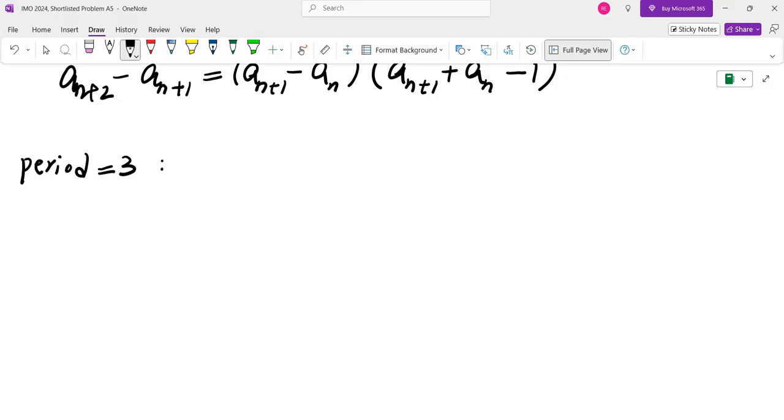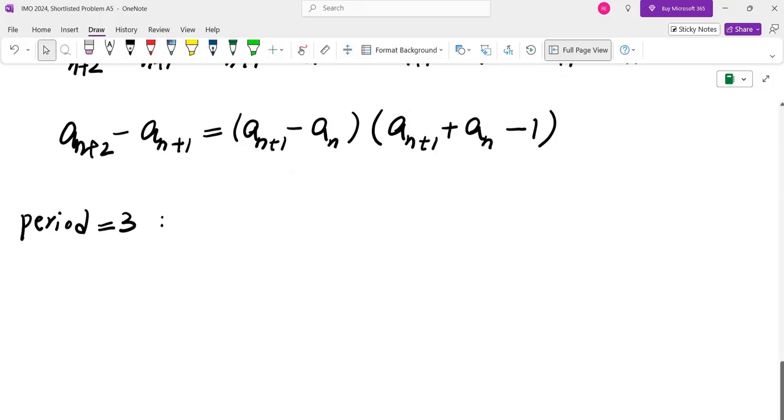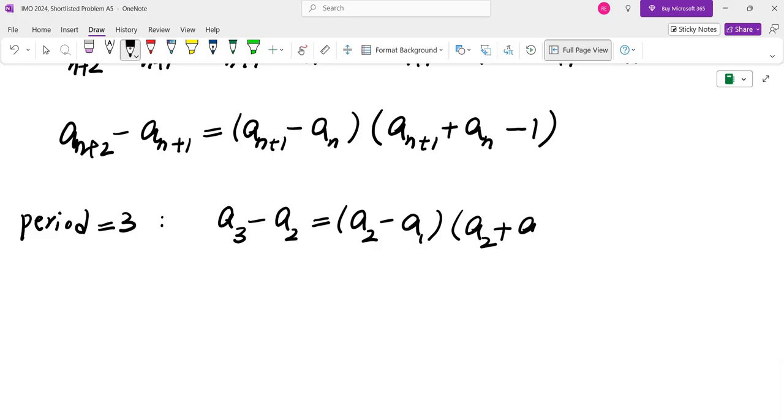So the condition, which I'm going to write down this way, is going to be A3 minus A2 is equal to A2 minus A1 times A2 plus A1 minus 1.